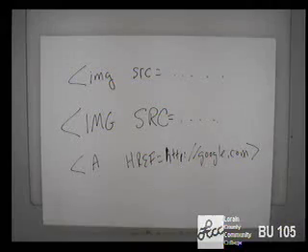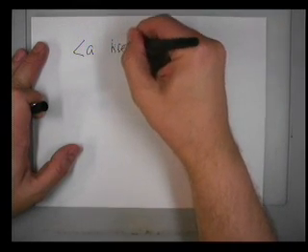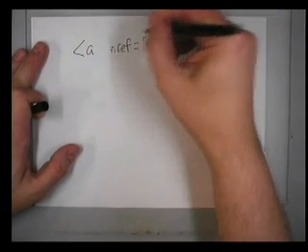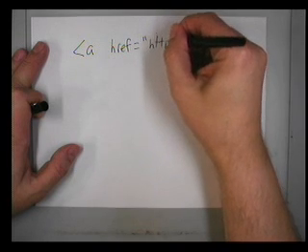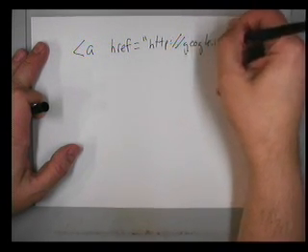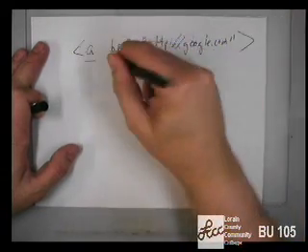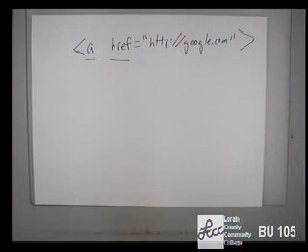So, therefore, the main differences between HTML and XHTML: number one, all tags and attribute names have to be lowercase. Remember, we said in HTML you could use an uppercase A. All tags and attribute names have to be lowercase.